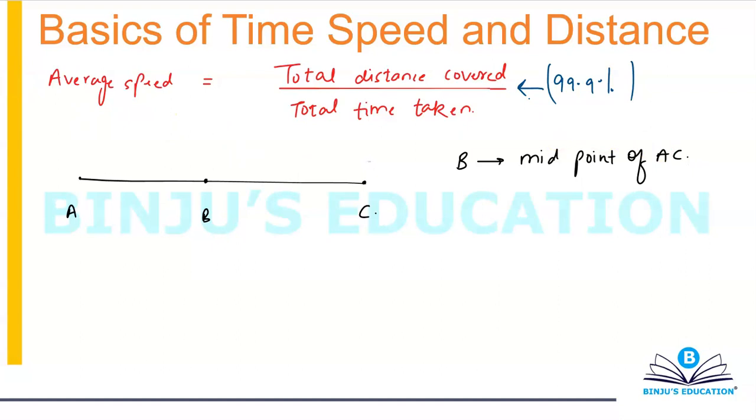A person goes from A to B at an average speed of 40 km per hour, and then from B to C at an average speed of 60 km per hour. What will be the average speed of his entire journey? Now in this case, the entire journey is from A to C. Pause the video and try this question, please.